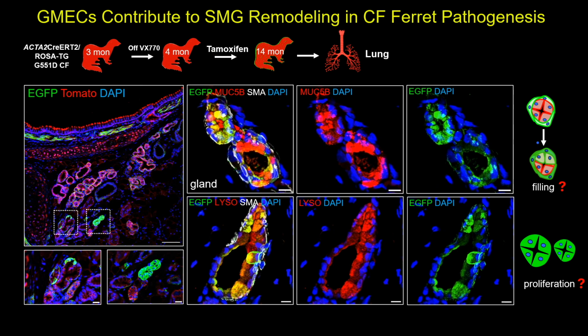Here, we didn't observe their proliferation into the surface airway epithelial cells like in severe injury. Instead, we observed newly regenerated glandular ducts and the lineage mucous cells and serous cells by immunostaining. This data implies myoepithelial lineage cells are involved in airway glandular hyperplasia and remodeling during CF disease progression.